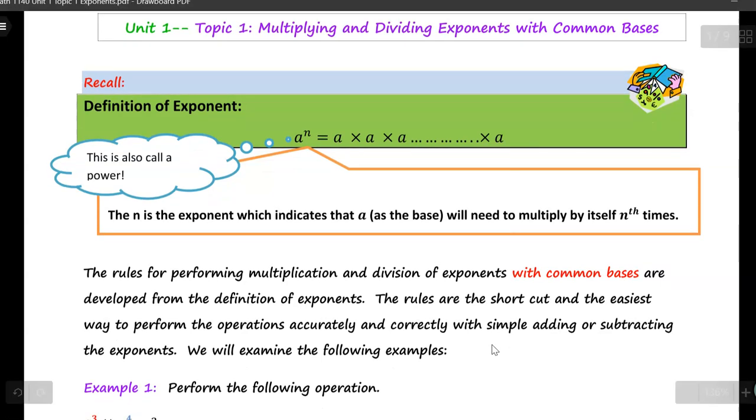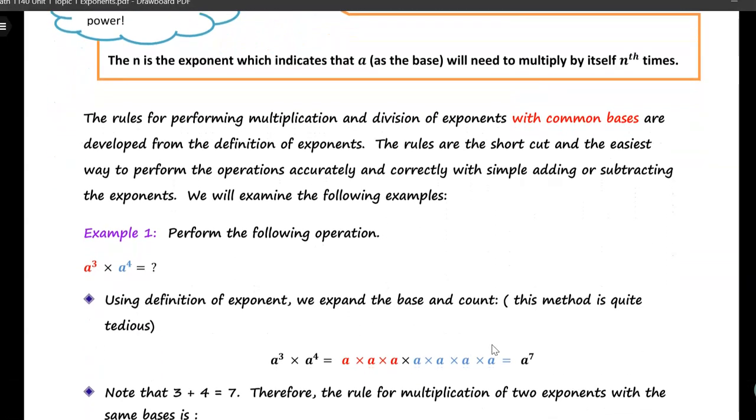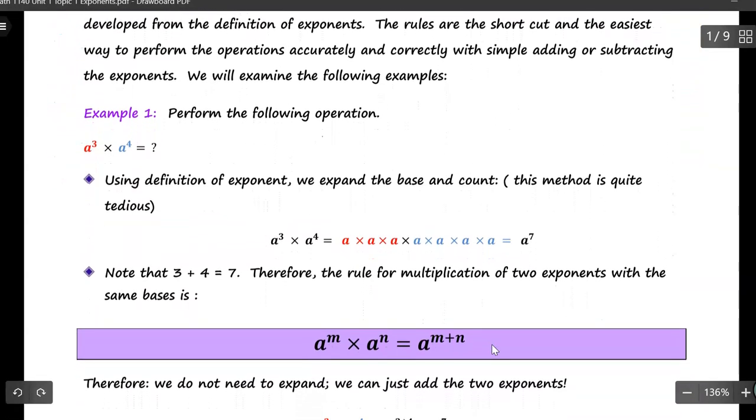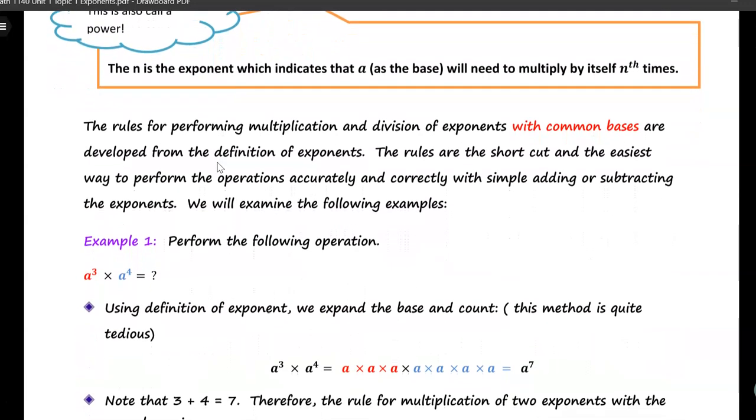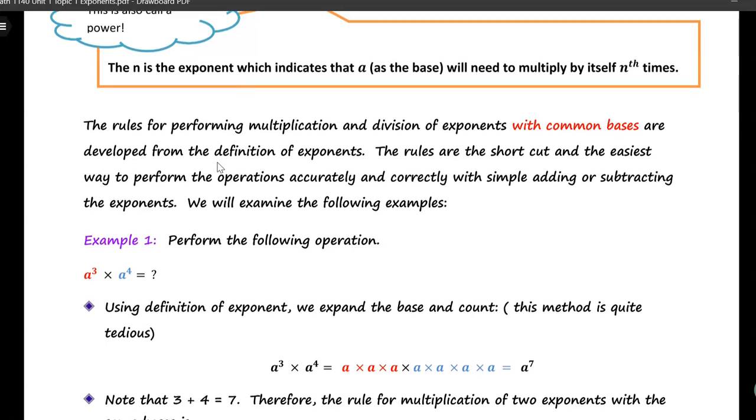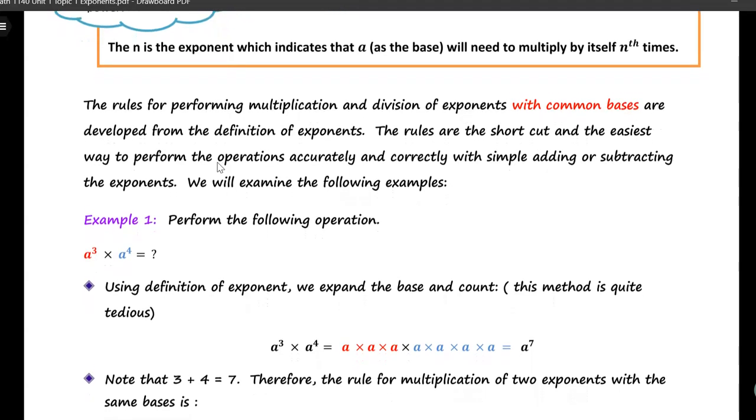Let's start with this example. I have a raised to the exponent 3 multiplied by a to the exponent 4. If I apply the definition of exponent, the exponent tells me how many times I multiply the base by itself.